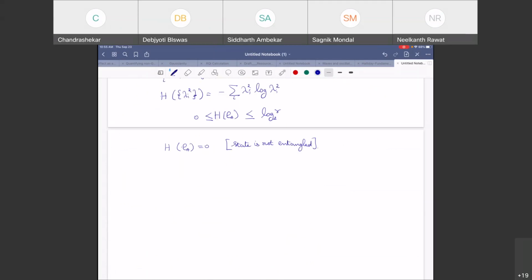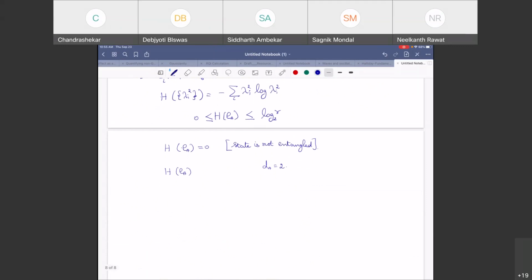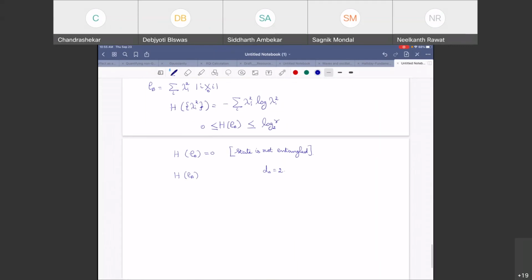Let's say it's a qubit system, then d is equal to 2, so we will have lambda squared equal to 1/2, 1/2.